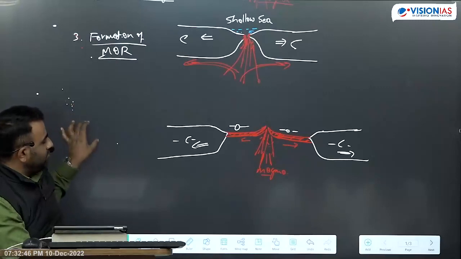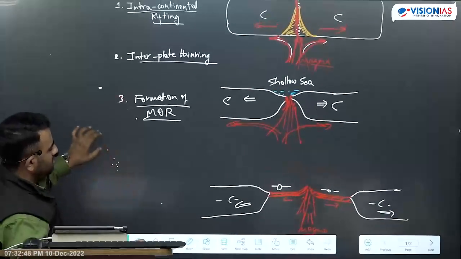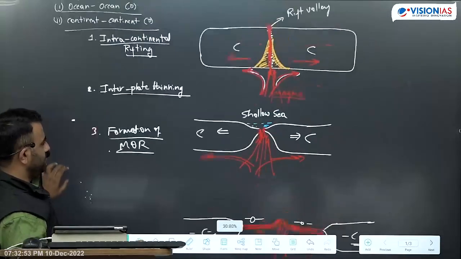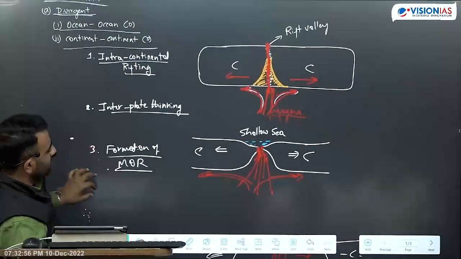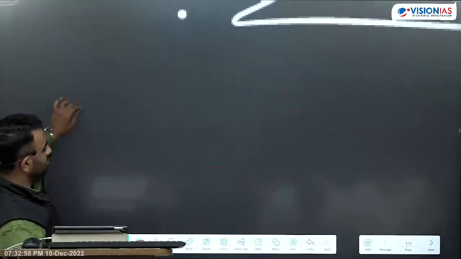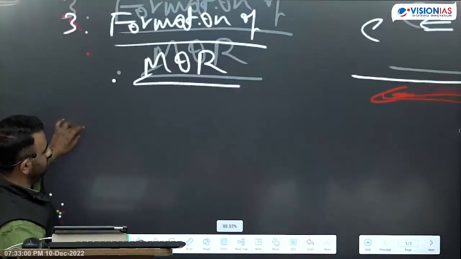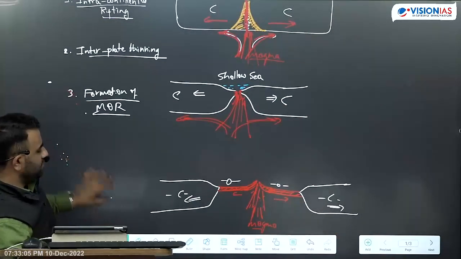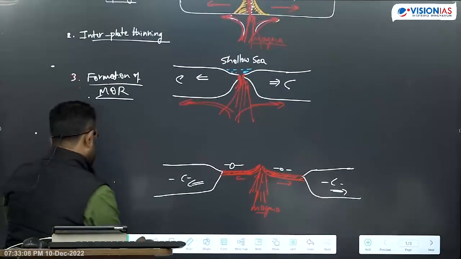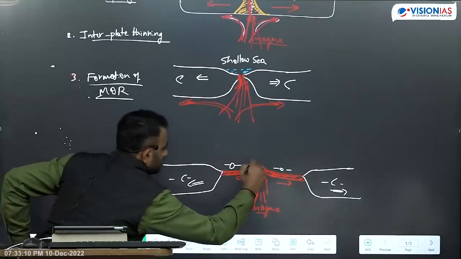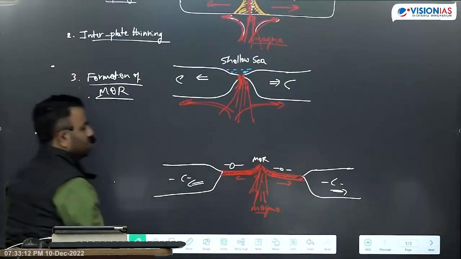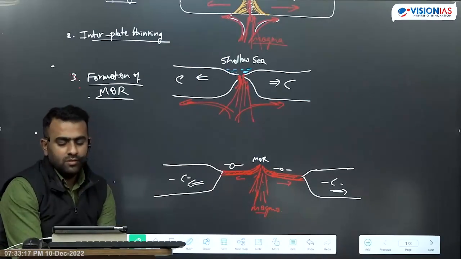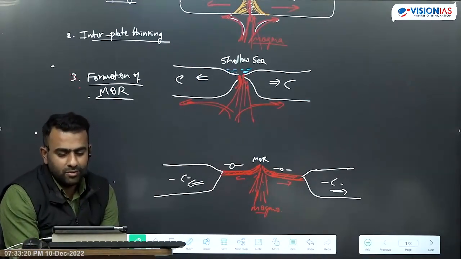So ये तीनों फिगर होना चाहिए. First one, intracontinental rifting, interplate thinning, and then formation of mid-oceanic ridge. The formation of divergent plate boundary.